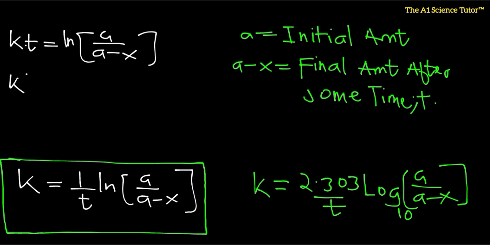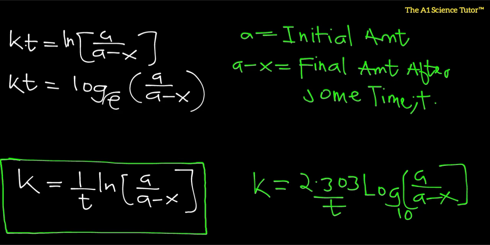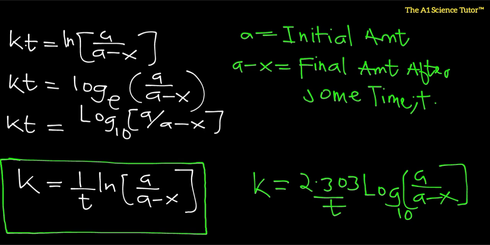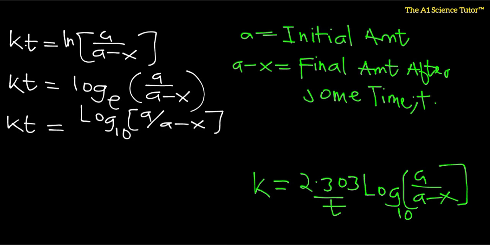So we know that ln is a log to the base e of a divided by a minus x. Now this is the base and this is the subject. So I could change the logarithm base. So let us say I want to introduce a log to the base 10. So that is going to be written as a log to the base 10 of a divided by a minus x.